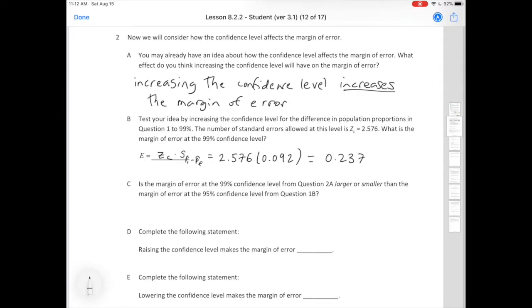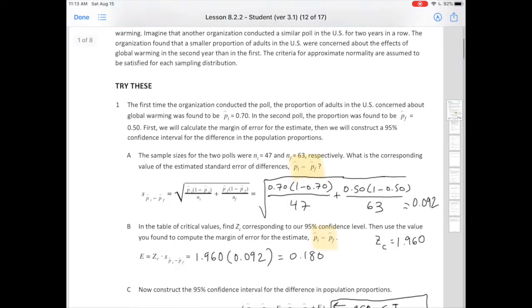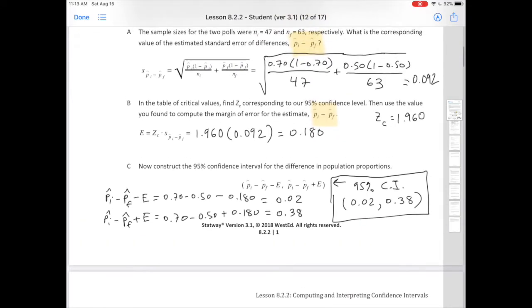Is the margin of error at the 99% confidence level from question 2A larger or smaller than the margin of error at the 95% confidence level from question 1B? Well, if this guy is 0.237, let's compare it, right? What was it before? Before it was 0.180.